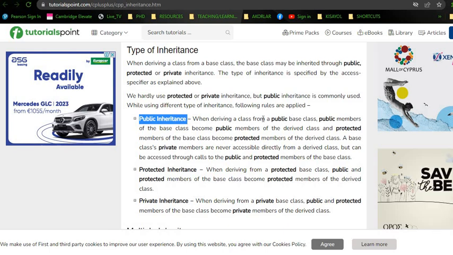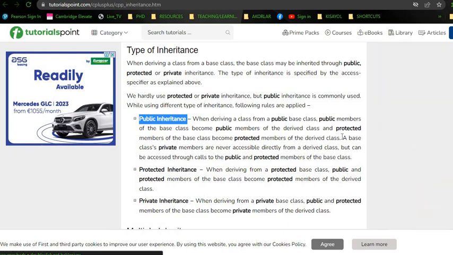Public inheritance means when deriving a class from a public base class, public members of the base class become public members of the derived class, and protected members of the base class become protected members of the derived class.